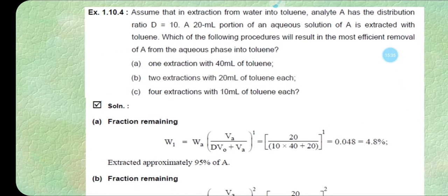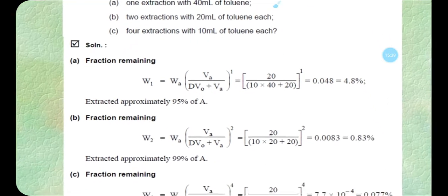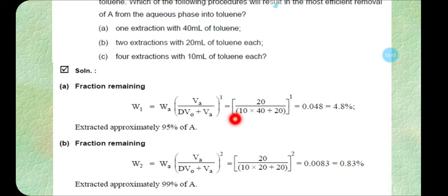They have mentioned a 20 ml portion of aqueous, so the volume of aqueous layer is 20. The distribution ratio is given as 10. For the first method, a single operation with 40 ml of toluene, the organic layer volume is 40, so we have 40 plus 20 raised to 1.